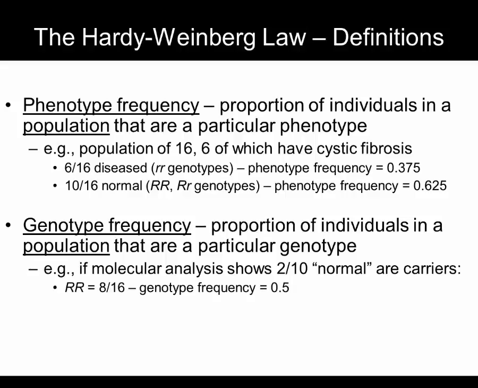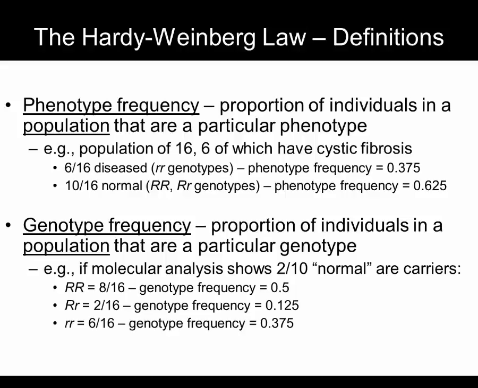That means the genotype frequency for homozygous dominant is 8/16, or 0.5. For heterozygotes, it's 2/16, or 0.125. And finally, the genotype frequency for homozygous recessive is 6/16, which again is 0.375, the same as the phenotype frequency associated with that genotype.